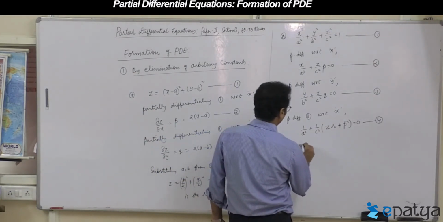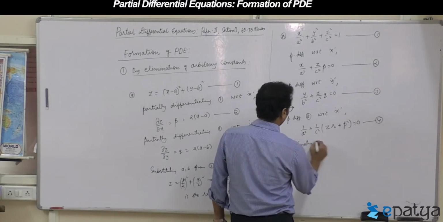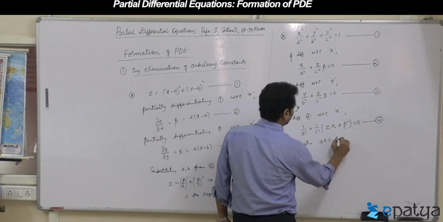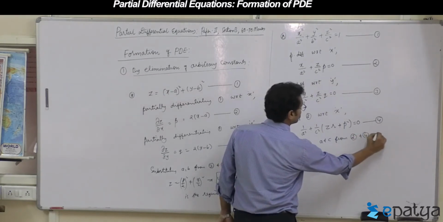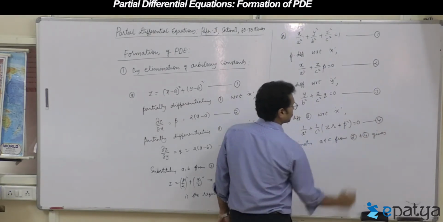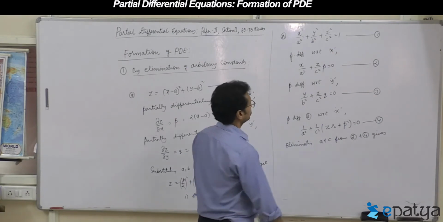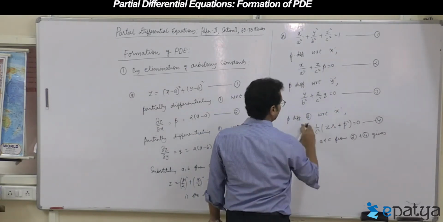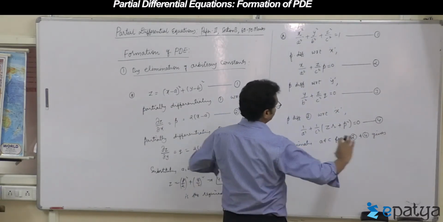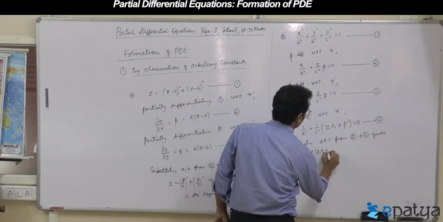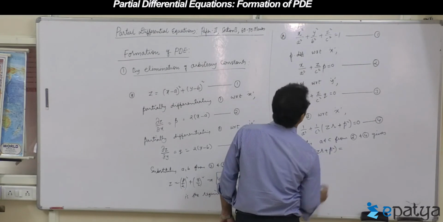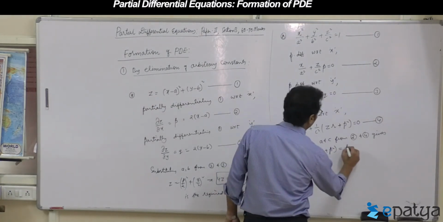Eliminating a and c from 2 and 4 gives, so this equal to minus of that, this equal to minus of that. So cross multiplication gives me x into (zr plus p square) equal to pz.